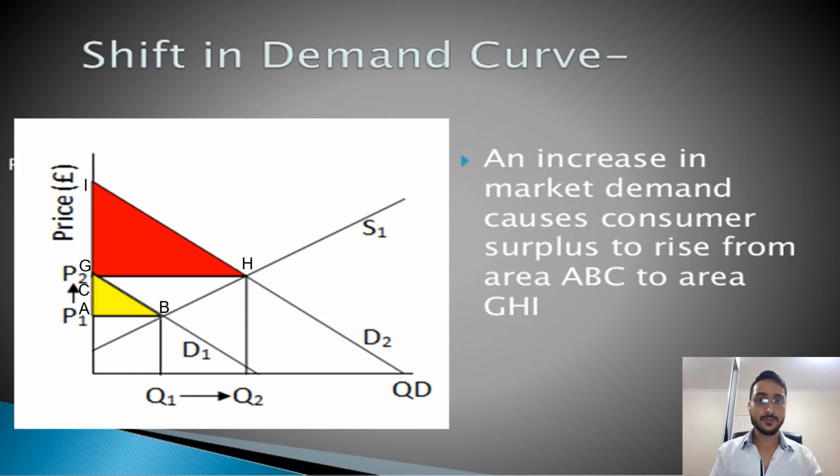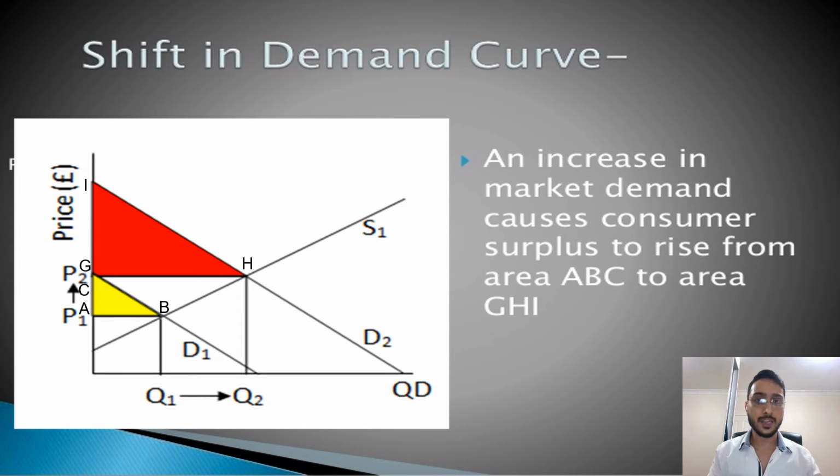So this chart is for the shift in the demand curve, and a shift in the demand curve is basically when demand will change other than the price changes. So the price will remain the same, but the quantity of any product will change. It occurs when demand for goods and services changes even though the price doesn't change.